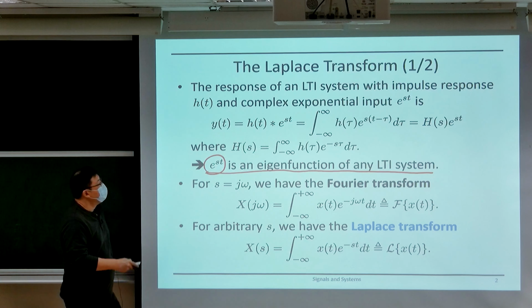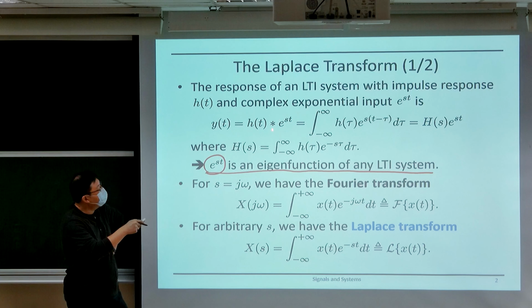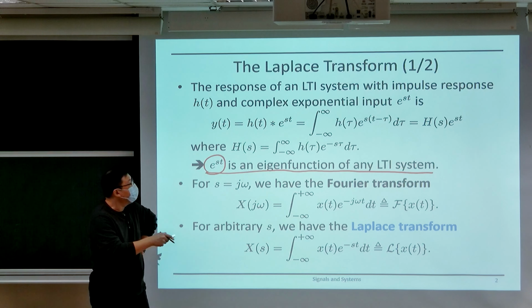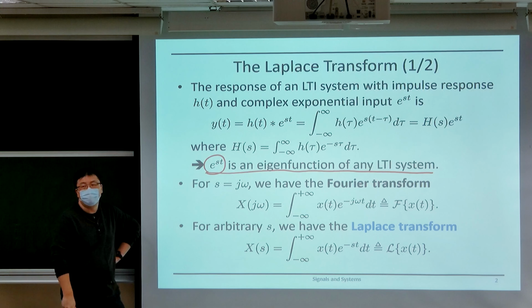Saying that this is an eigenfunction of the linear time invariant system means that if you insert it into the system, your output will be the same complex exponential scaled by some value, capital H of s. And it just so happens that this capital H of s is the integral of h of tau times e to the minus s tau.